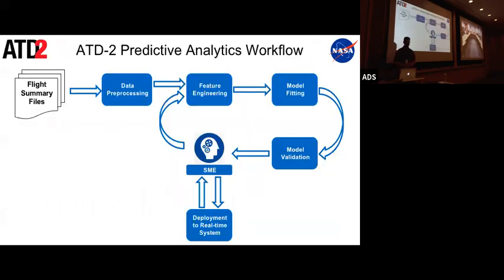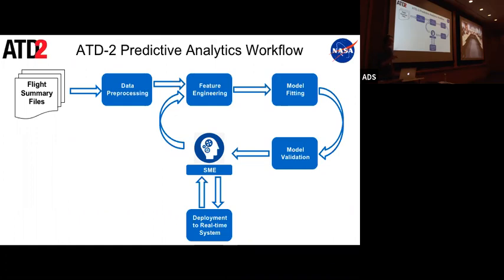So for the remainder of the talk, I'm going to try to leave a little bit of time for questions. I have about 8 minutes, I'm guessing, to get through. The remainder of the talk will describe the workflow that we use. So far, we've talked about some of the descriptive analytics we've done to understand what's going on at Charlotte. Now, this is the workflow of taking our flight summary data, processing it, and then an iterative process of feature engineering, model fitting, model validation, and then evaluation by a subject matter expert.